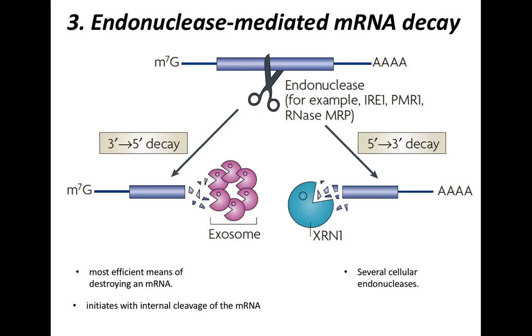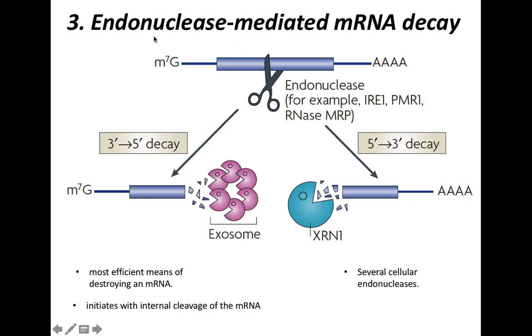Another type of mRNA decay we have previously discussed is that we have talked about the degradation at both ends, at the 3' end and at the 5' end. We have talked about deadenylation dependent mRNA decay and deadenylation independent mRNA decay.